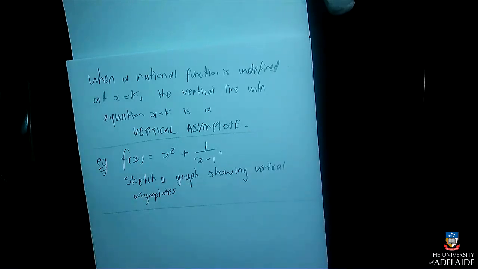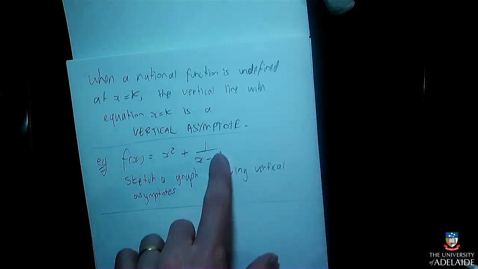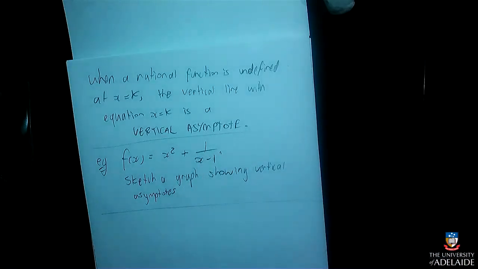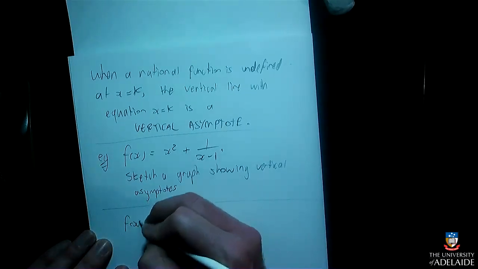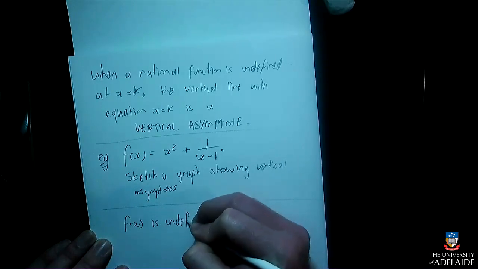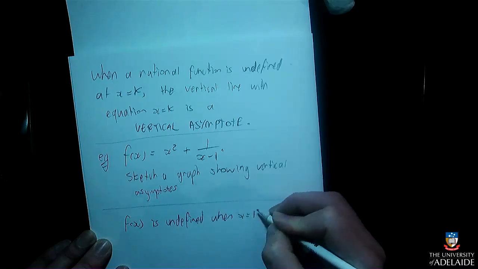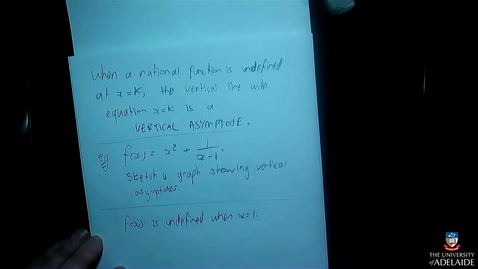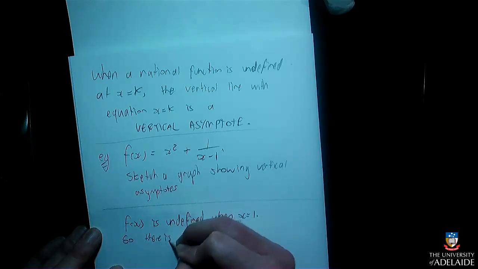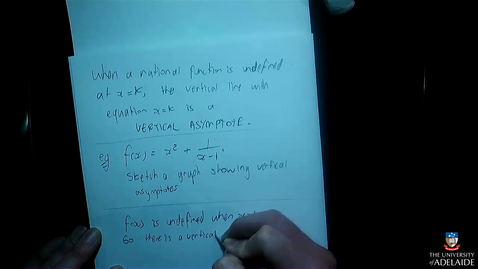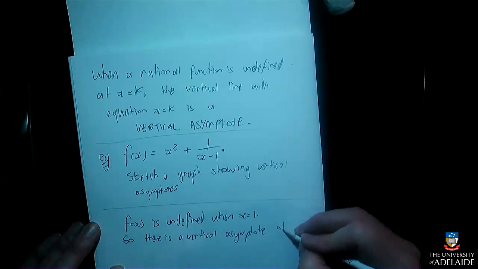So I know it's undefined when the denominator of any of the rational function parts is 0. And so the denominator of this bit is 0 when x is 1. So f of x is undefined when x is equal to 1. And so there's a vertical asymptote at x equals 1.